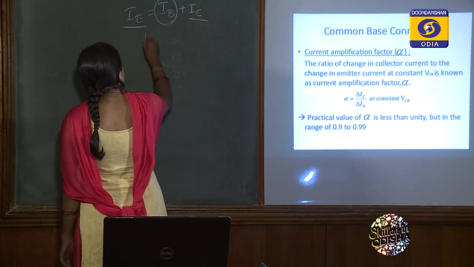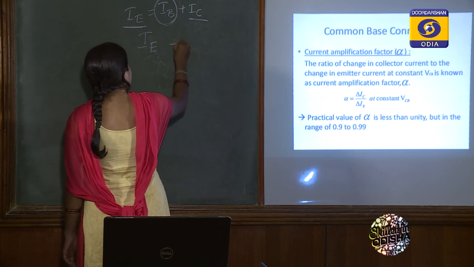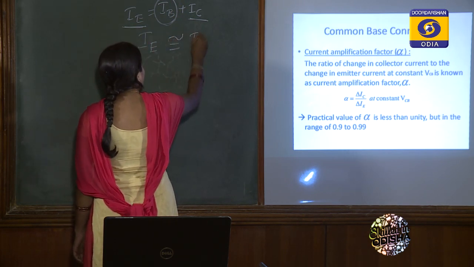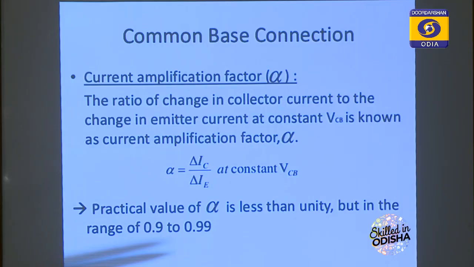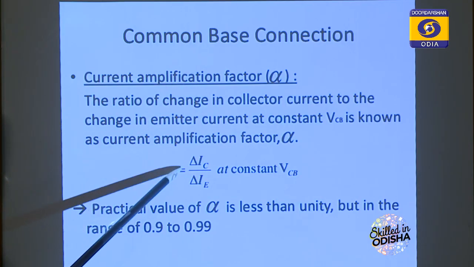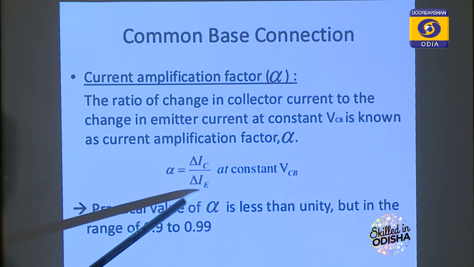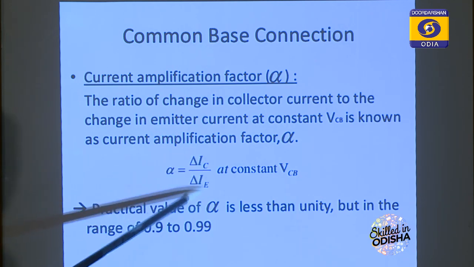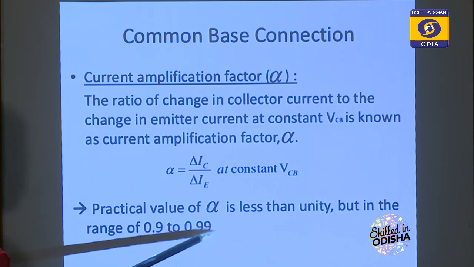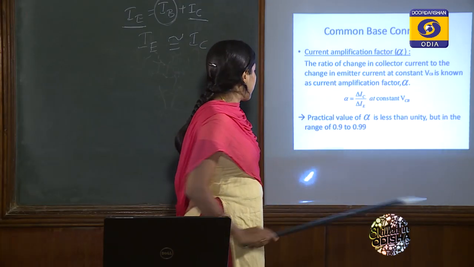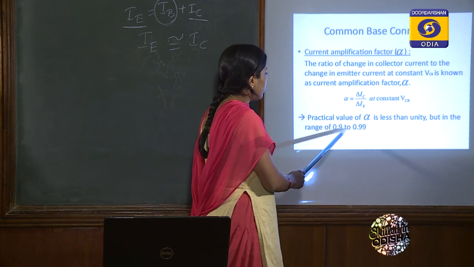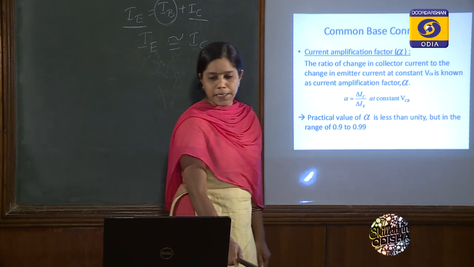Due to this, IE is approximately equal to IC. So in case of common base configuration, alpha is equal to IC by IE, approximately. That's why the value is less than unity, approximately 1, and the value is 0.9 to 0.99.